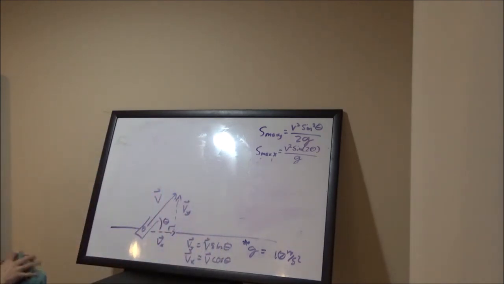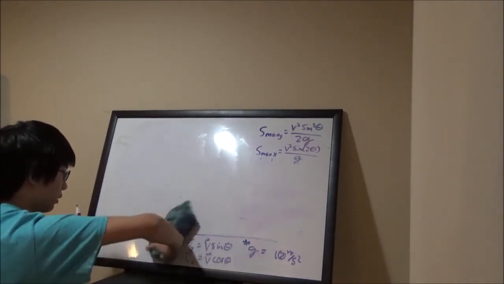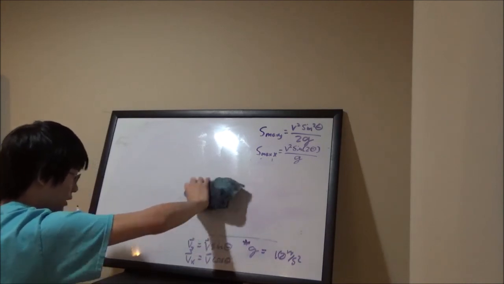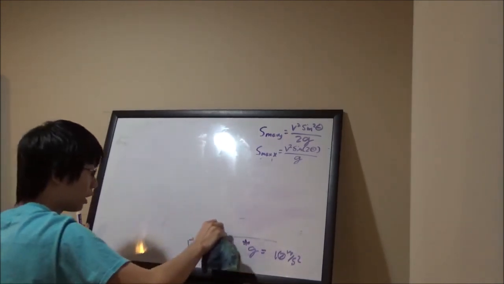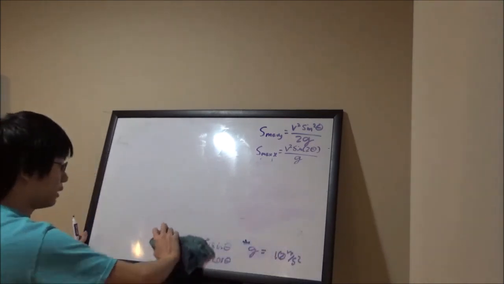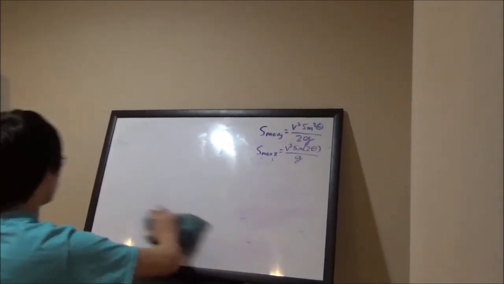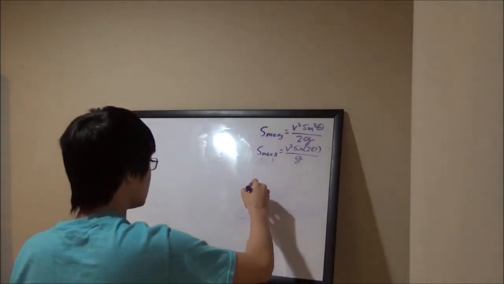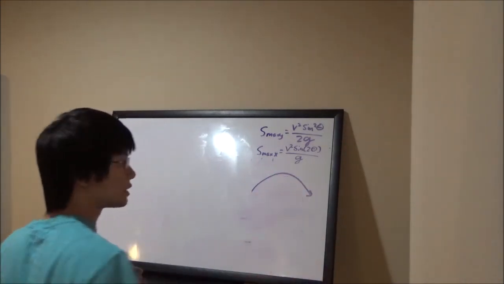We're going to be considering an entirely different scenario. Alright, so this is for our cannon scenario where we start at the same height that we end at. So I'm going to draw the path that the ball takes like this.